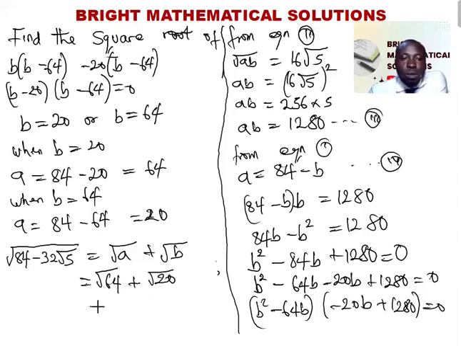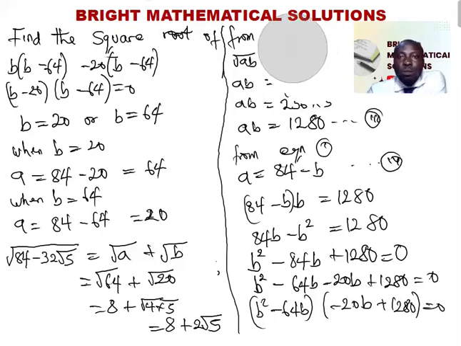This gives us 8 plus root 4 multiplied by 5, so this gives us 8 plus 2 root 5.